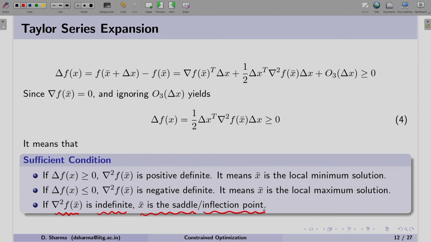Now, the important question is that when we get a point, say x bar, it is going to be a stationary point. Since we don't know whether this stationary point is a minimum, maximum or inflection point, in that case we need the sufficient condition as described here.